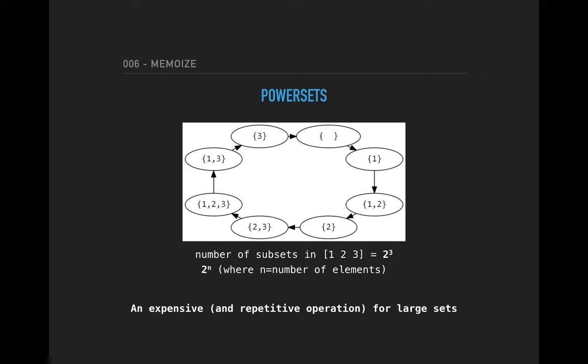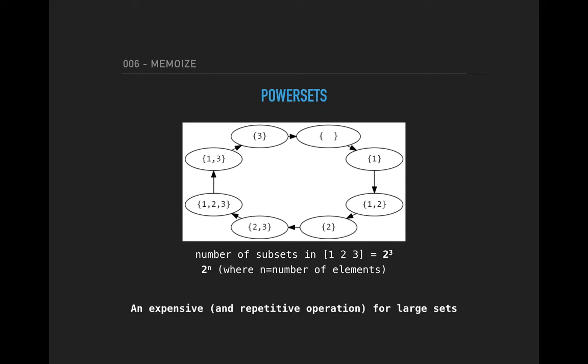And this is like a power set, the definition of a power set. A power set is just the set of all the subsets of a set. To explain how it works, we have an example here. If we take 1, 2, and 3 as a set, then we can have 8 possibilities, 8 subsets, including 2 special subsets.